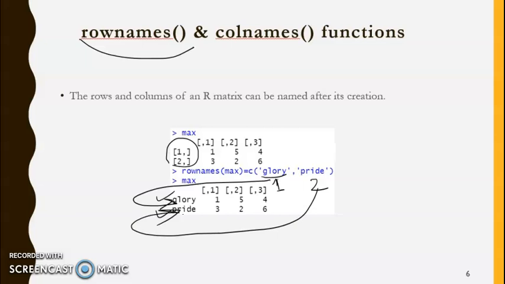What if we want to name the columns? Okay, for the columns you will put col names, open parentheses, put the name of the matrix that you want to name its columns, and after that, since we have 3 columns, you need to put a vector of size 3 that each one serves as a name for each column.